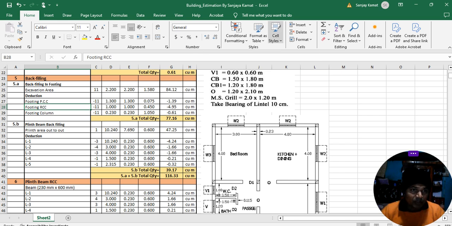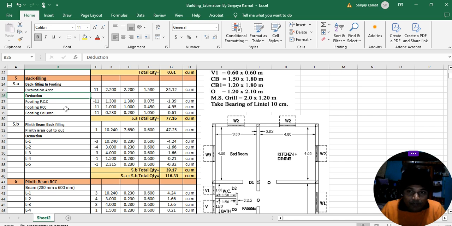Okay, footing RCC. This is also a deduction, because we are reducing the extra amount; this portion is no more required.